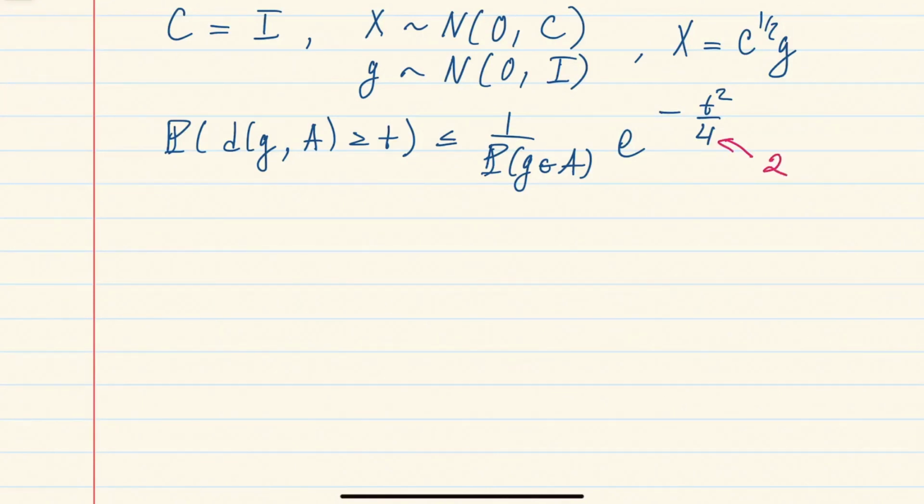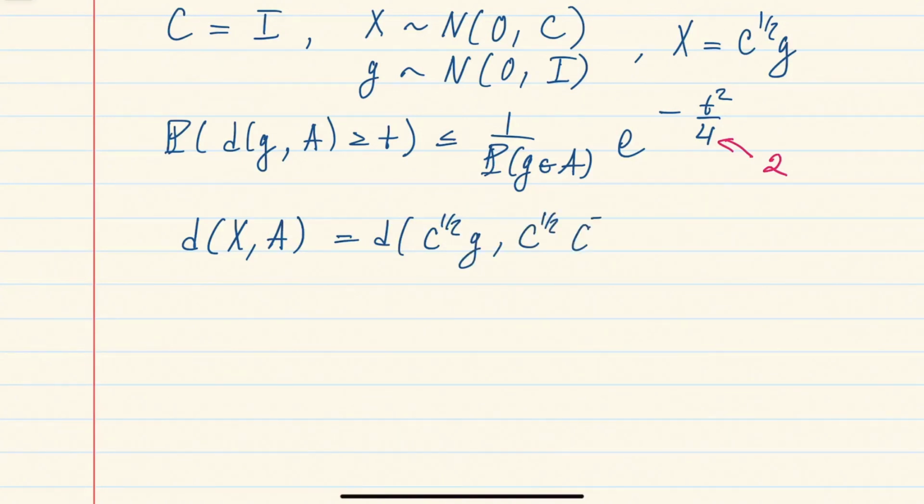You can replace it by 2, but in any case the general case would be reduced to this, because when you compare, let's say, the distance for x from a set, from any set A, right, you can write it as a distance from square root of c times g from the set square root of c inverse, so c to the minus 1/2 times A.